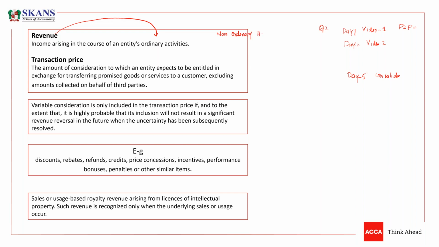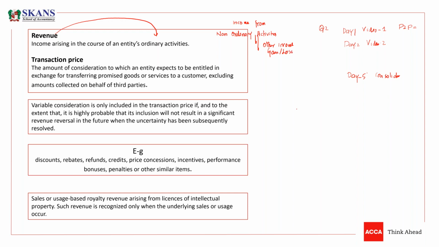If you have income from non-ordinary activities, this income can be classified as other income. You can write it as other income, but it cannot be a part of revenue. You can say that these are gains or losses, but you can't say that this is revenue.